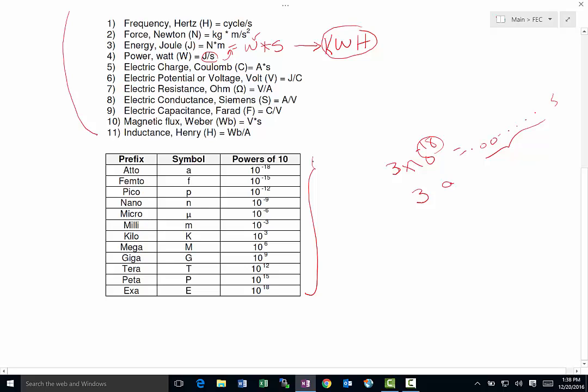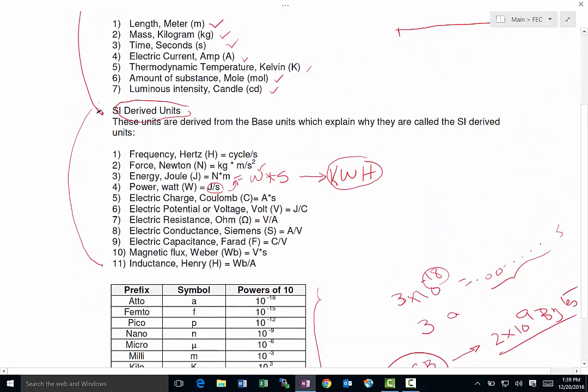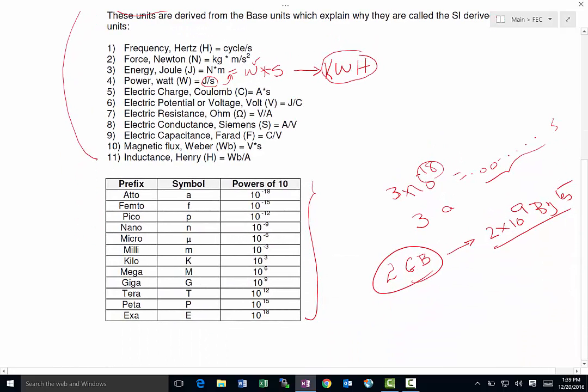When somebody tells you you've got 2 gigabytes, you understand that they're telling you that you have 2 times 10 to the 9 bytes, because that is a very common way we communicate in engineering. Again, the goal here was to emphasize and review some of the basics of units we're going to use in communicating our data.